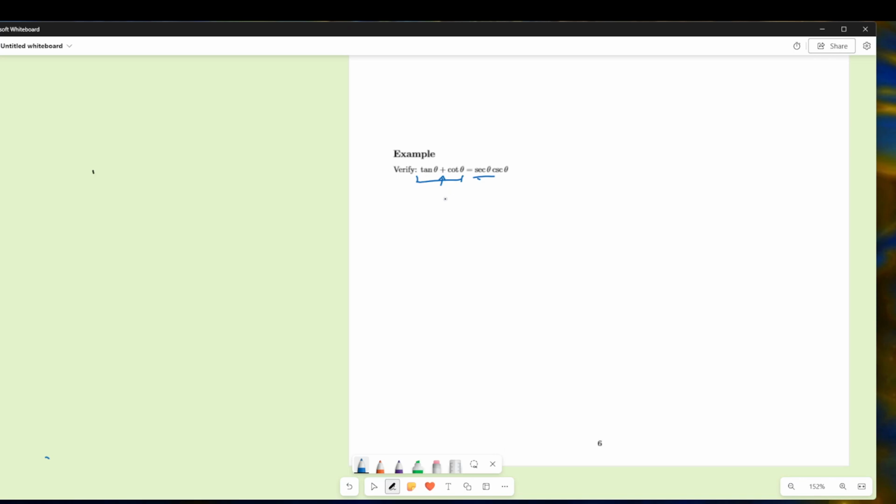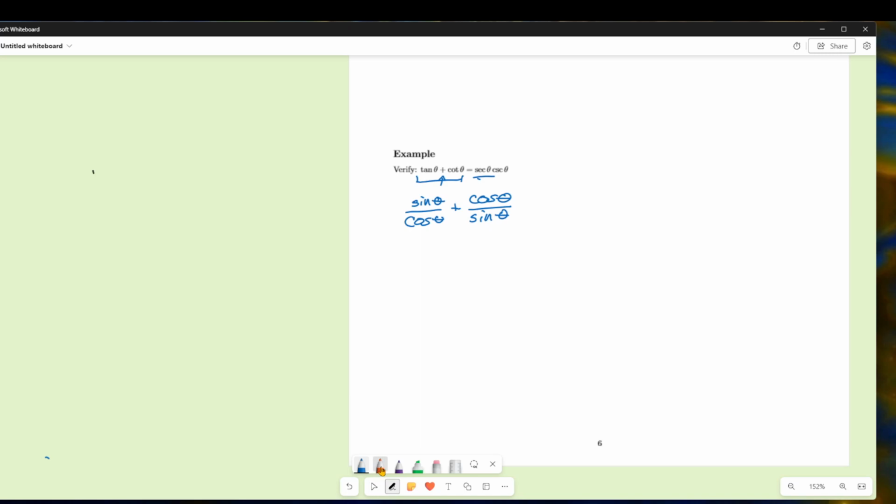But how do we bring multiple terms together? Well, to be able to perform that addition, I really want common denominators. You might be saying, well, there aren't any denominators, but remember, tangent does have a denominator, and cotangent does have a denominator if we want to build one.